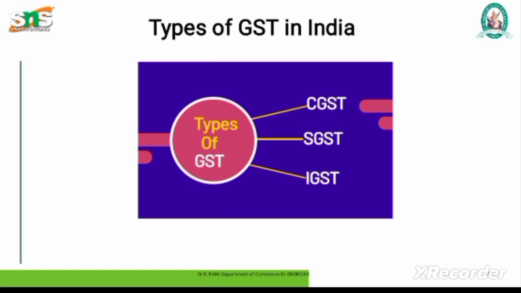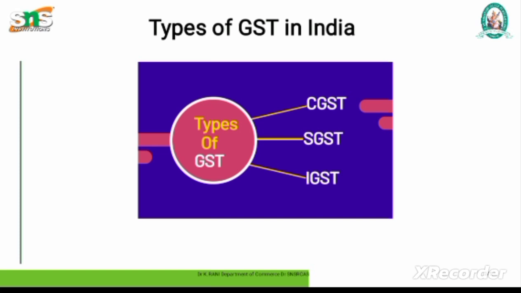However, the state GST or SGST is levied by the state on the goods and or services that are purchased and sold within the state. It is governed by the SGST Act. The revenue earned through SGST is solely claimed by the respective state government.